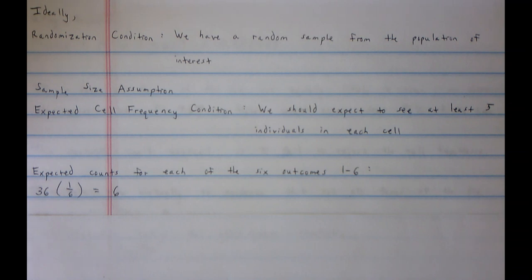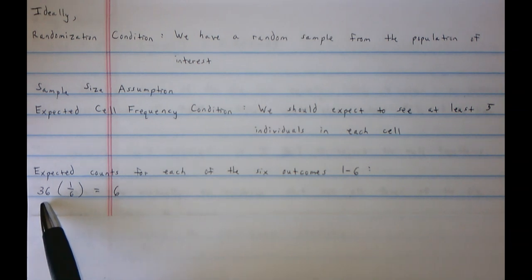The final assumption is the sample size assumption. Here we need to check the expected cell frequency condition. We should expect to see at least 5 individuals in each cell. Now this is referring to the expected counts, not the actual or observed counts. For our example, we rolled the die 36 times.